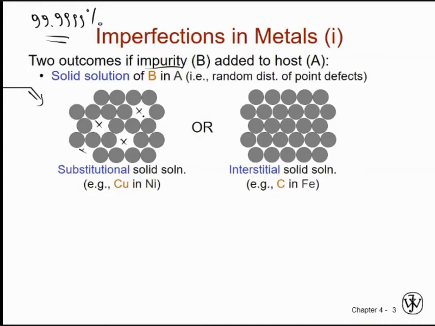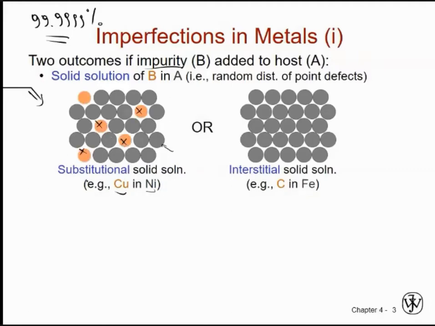We have vacant spaces over there. So when we have vacant space and we have some other element which is similar to this metal, in this case, these gray ones are nickel, and copper is very similar to nickel. That's why copper will substitute nickel and fill those vacant spaces.